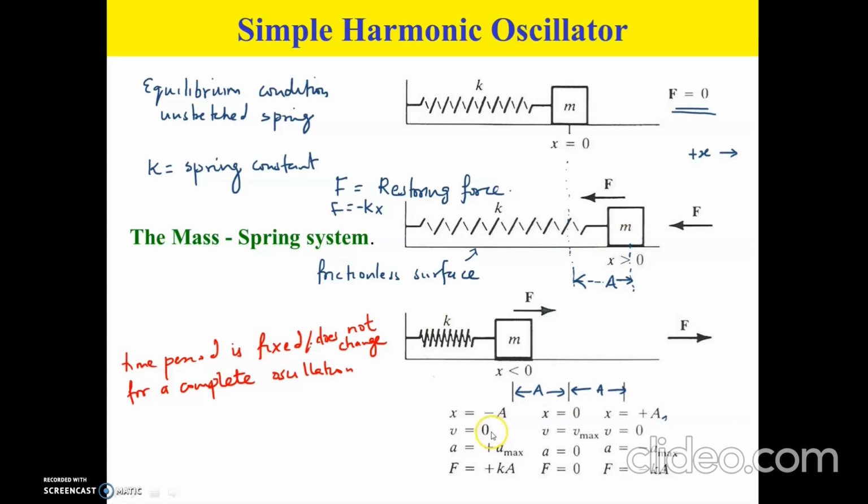So the velocity will be 0 at the ends and maximum at the center position. By that correlation, the acceleration will be maximum when the object is displaced to the ends, and at the center position the acceleration will be 0.